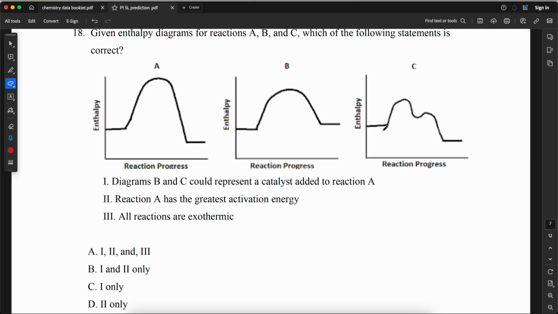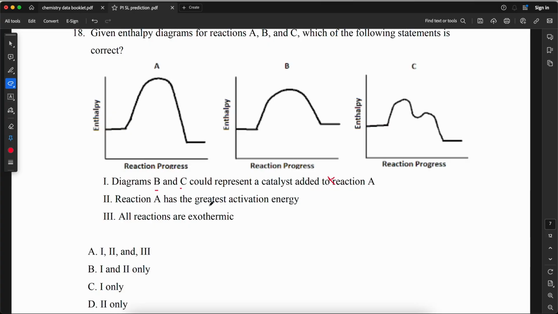Adding the catalyst will not change the enthalpy. They only lowering the activation energy. But as you can see here, the enthalpy of the B and C are not the same with A. Therefore, B and C cannot be represent a catalyst add to reaction A.